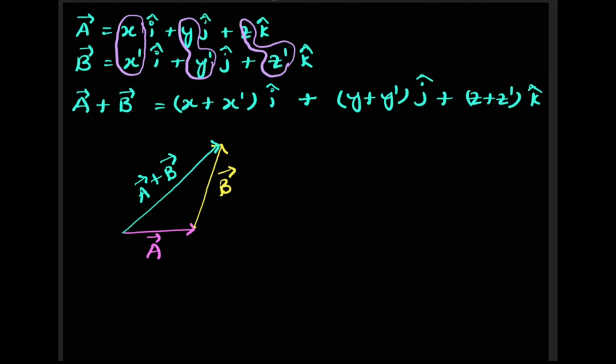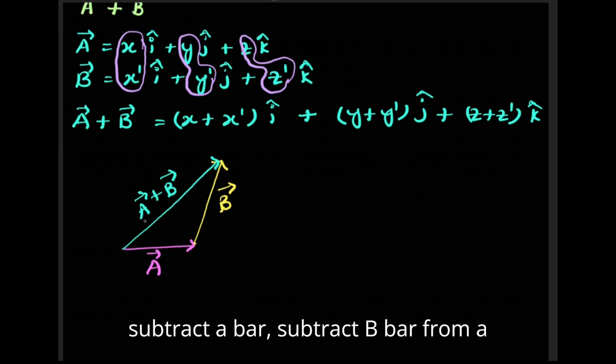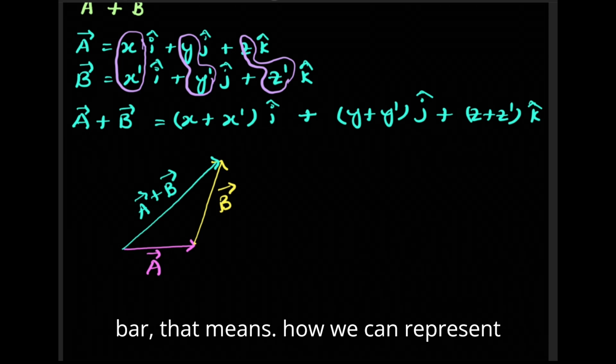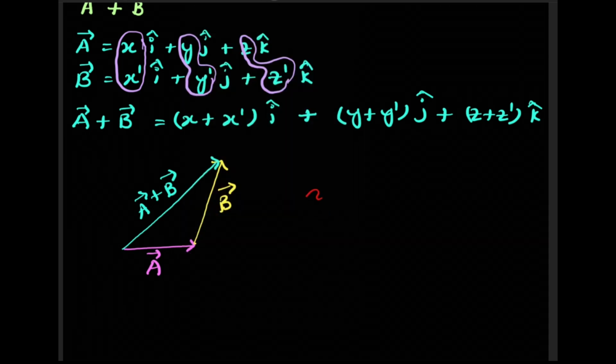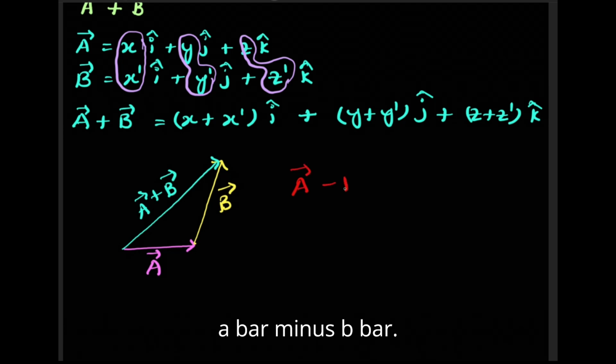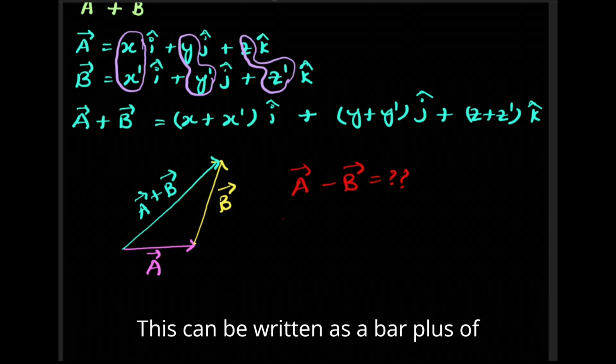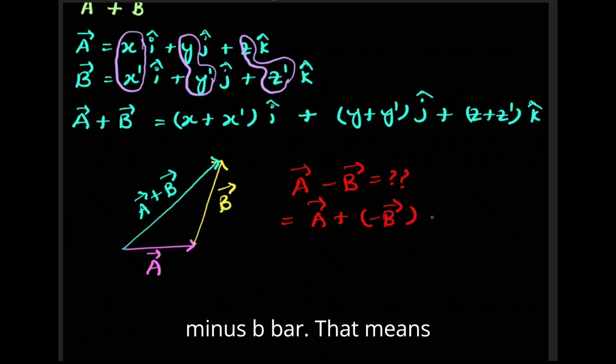If we have to subtract b bar from a bar, how can we represent a bar minus b bar? This can be written as a bar plus of minus b bar.